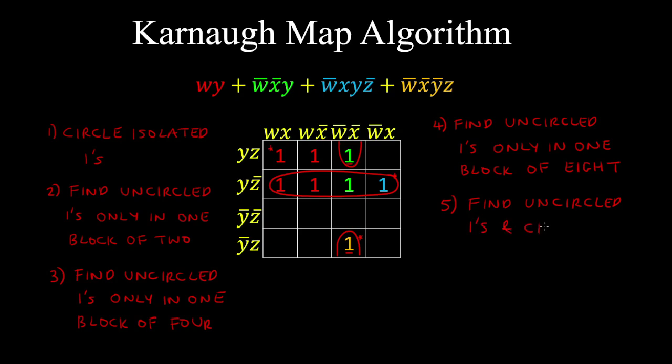and circle the largest possible block to which they belong. So that could be a block of 2, 4, or 8 ones. So in this step, we choose such that we have a minimum number of circles.